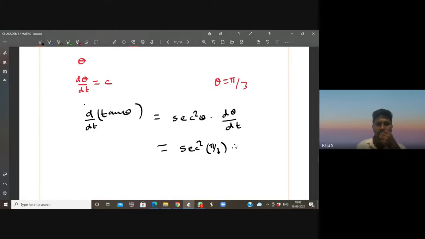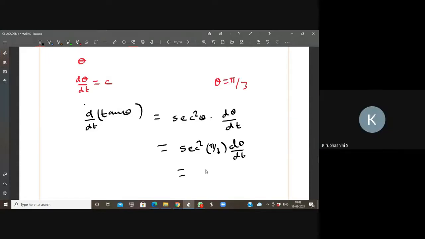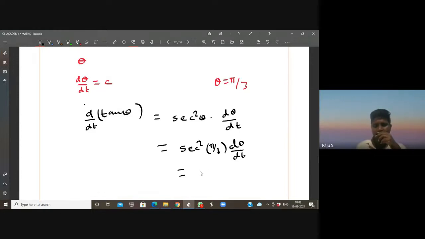So right now, what is secant square pi by 3, students? Secant square 60. Secant 60 is 2, and 2 squared is 4. Yes, it is clearly 4 times d theta by dt.